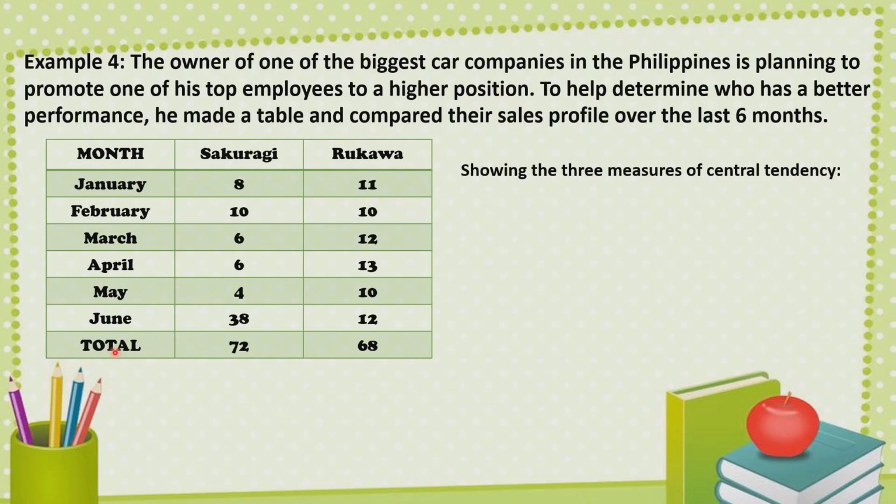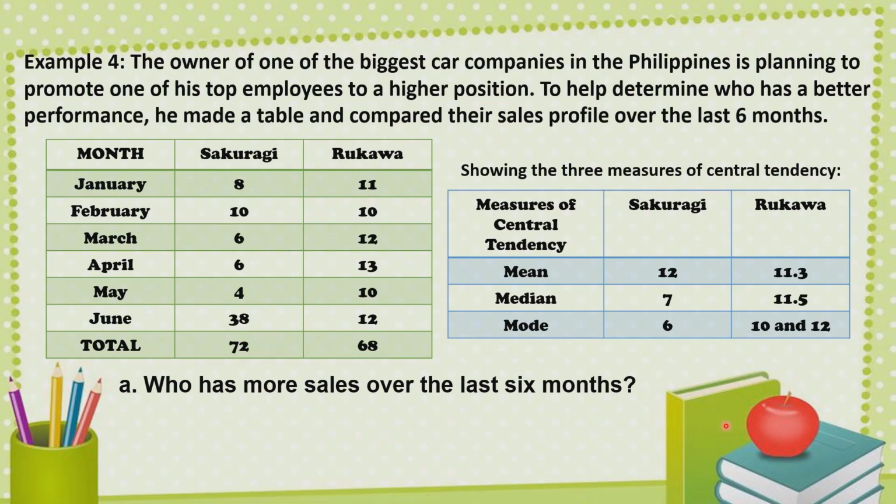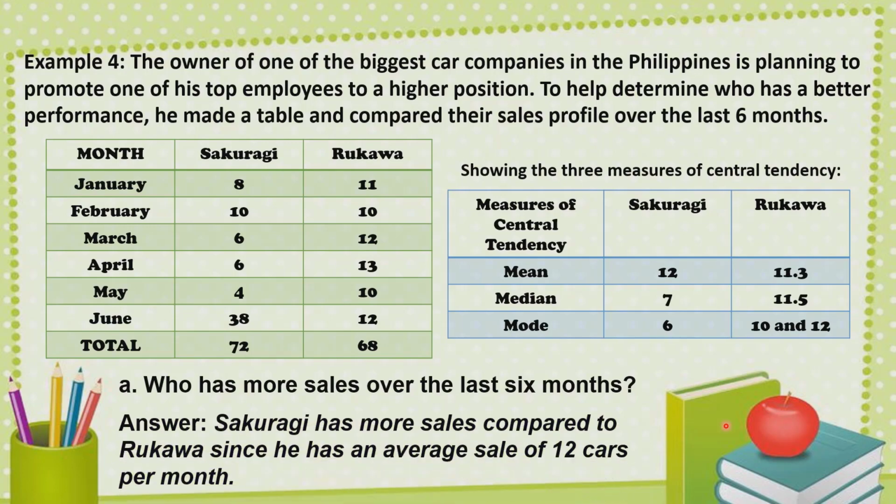Showing the 3 measures of central tendency, we have the mean, median, and mode for Sakuragi and Rukawa's car sales. Who has more sales over the last 6 months? As we can see here, from the total, Sakuragi has 72 cars and Rukawa has 68 cars sold for the last 6 months.